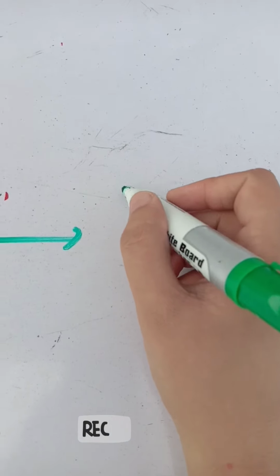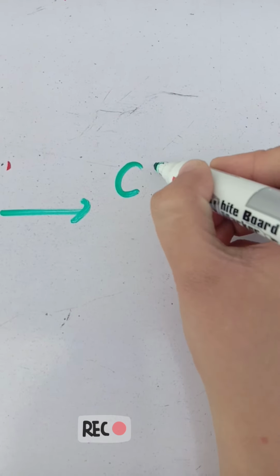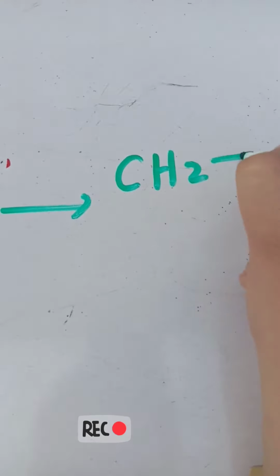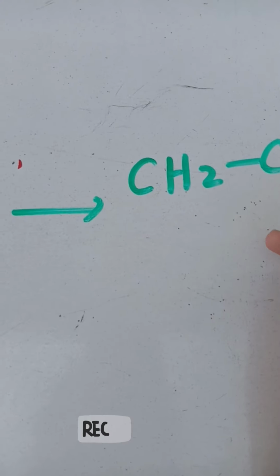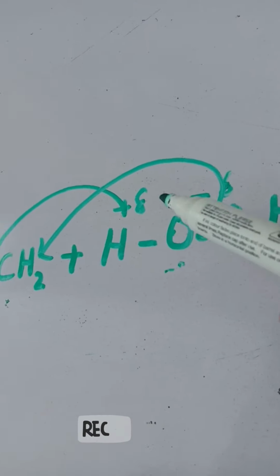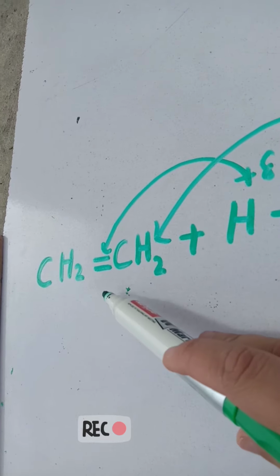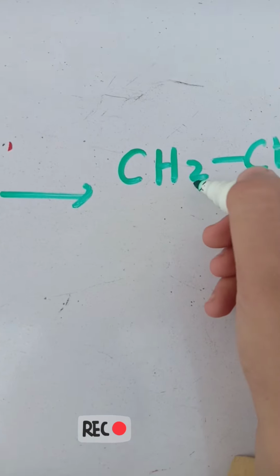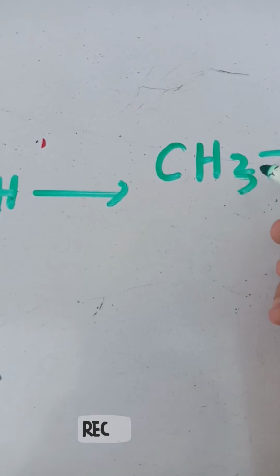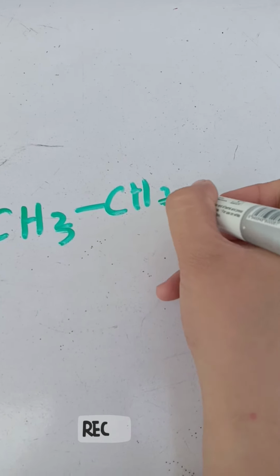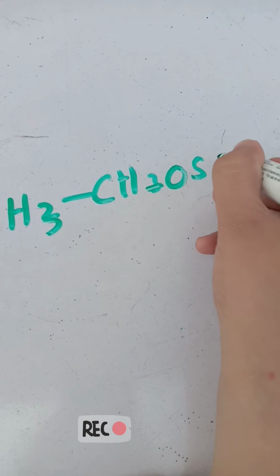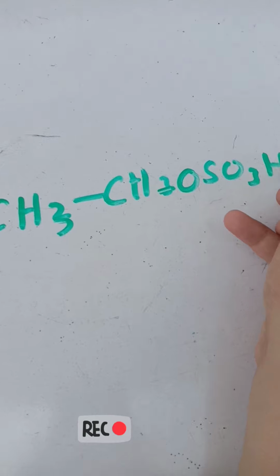First of all, I'll draw 2 carbon atoms. This partial positive H will attack this carbon atom. So I'll write here CH3 and CH2 along with OSO3H.